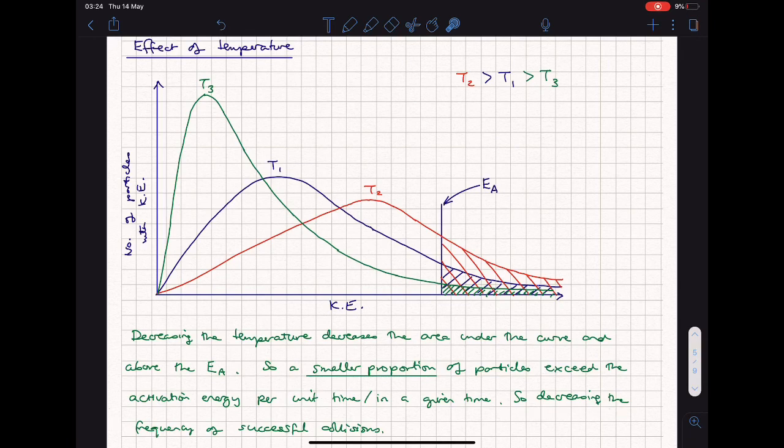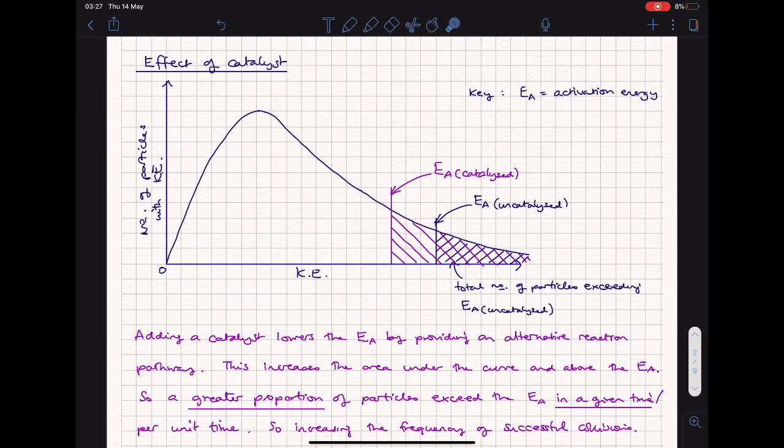So decreasing the frequency of successful collisions, leading to a slower reaction. So again, it looks a bit strange that at lower temperature this peak is taller, but remember this peak is at a lower energy, and in order to keep the total area the same, which is the total number of particles in the system, I must have the peak being taller because it's narrower.